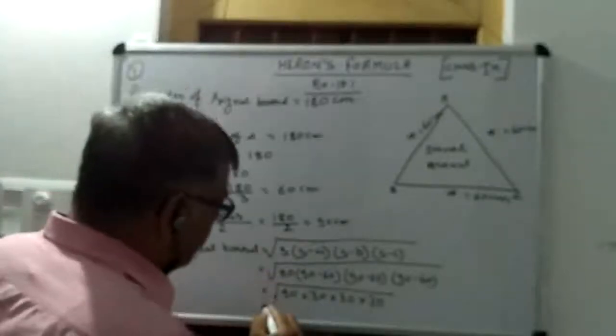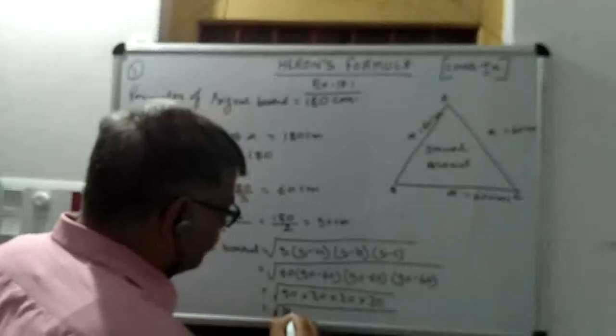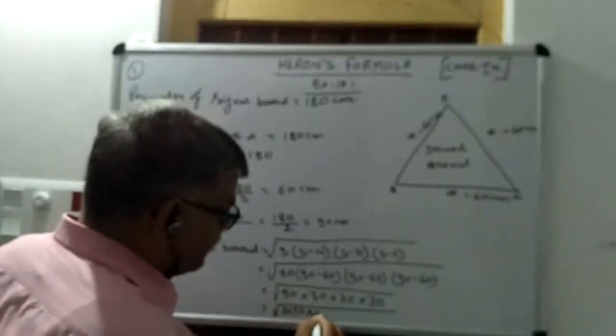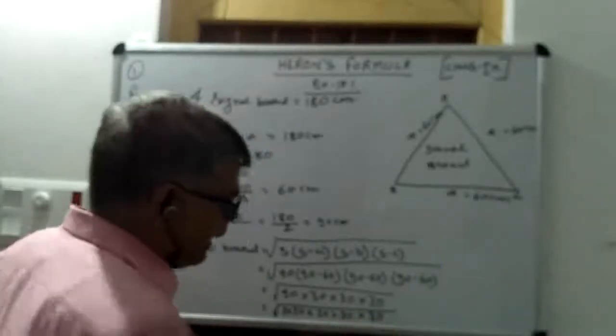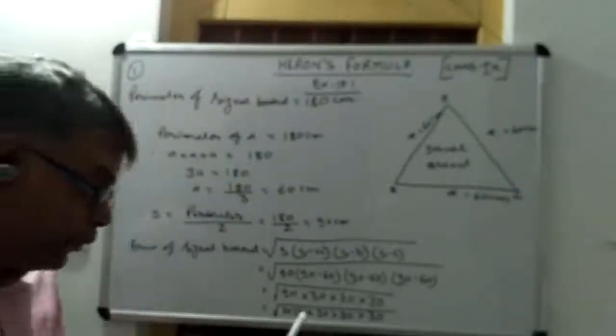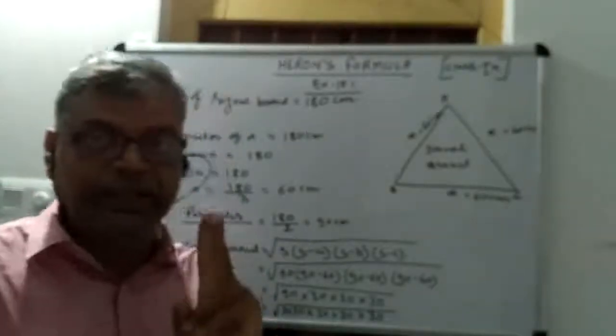So here you can write 90 as 3 into 30, and 30 into 30 is already there. It means in the under root you have four 30s. It means two pairs of 30s.